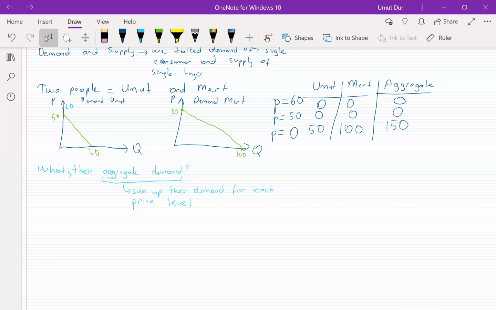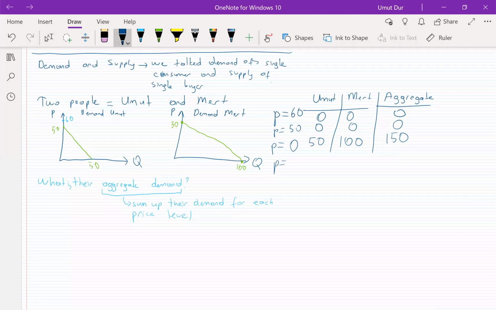So for example, if we take the price level something like 40, I haven't exactly said what the exact demand at price level 40 is, but let's say this is X and this is Y. At the price level of 40, Umut is demanding X and Mert is demanding Y. If you do the math with these linear demand curves, you get the corresponding values, but let's say it is X and Y, just some numbers.